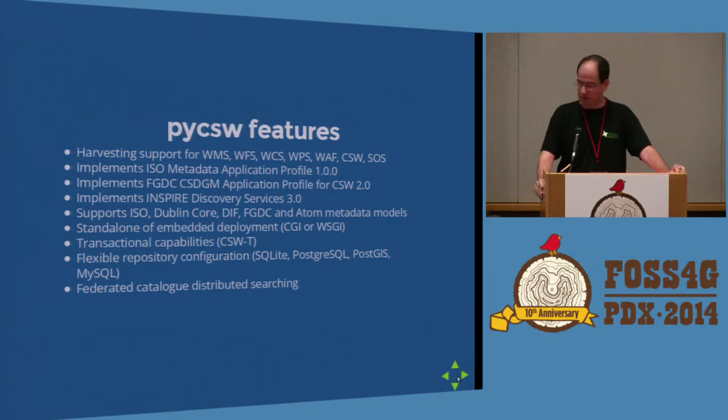We implemented INSPIRE; we have been using the INSPIRE documentation to implement the service. And we also support many databases. We can work off SQLite or Postgres or whatever is possible to be done through SQLAlchemy, actually.